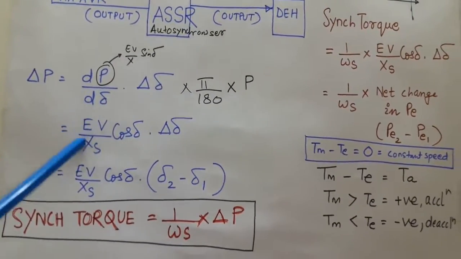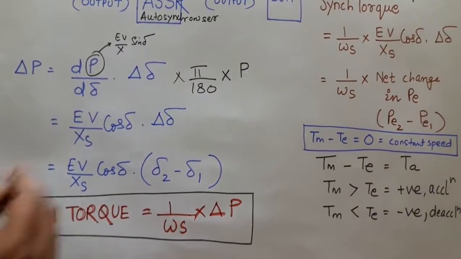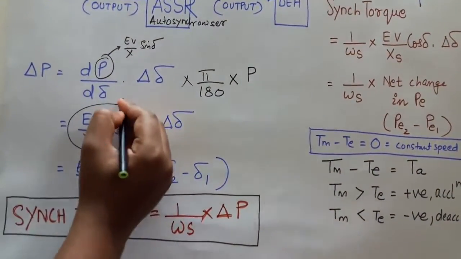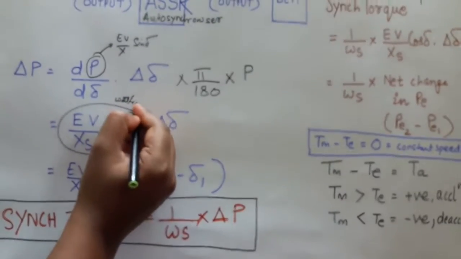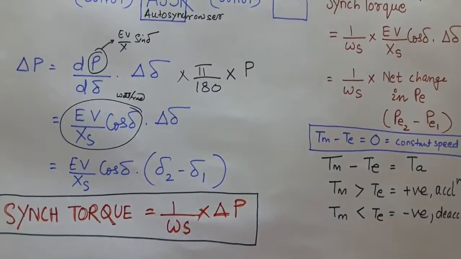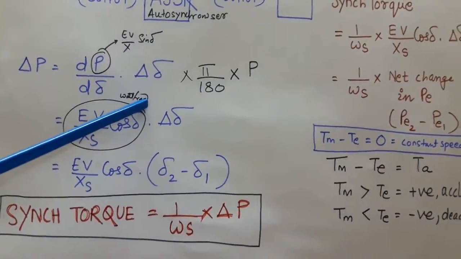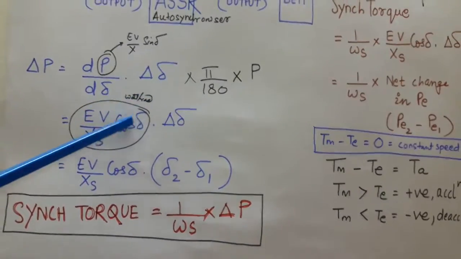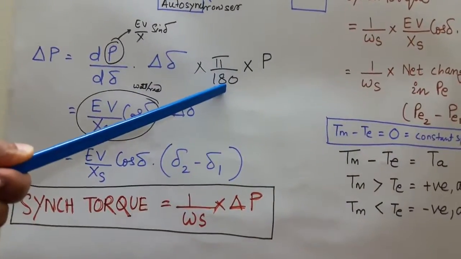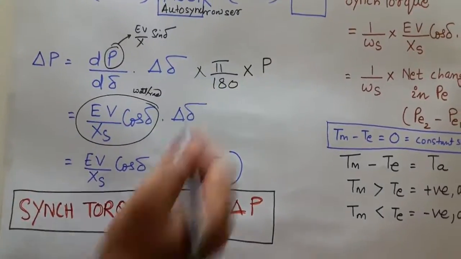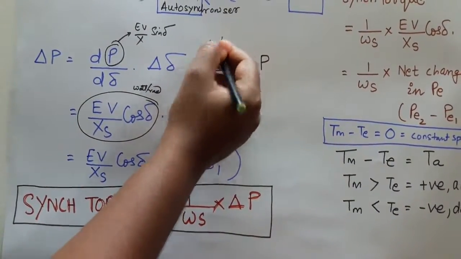This EV by X cos delta I am getting in watt per radian. If I want to convert this radian into degree, I have to multiply this term by pi by 180, to convert it into electrical degree.